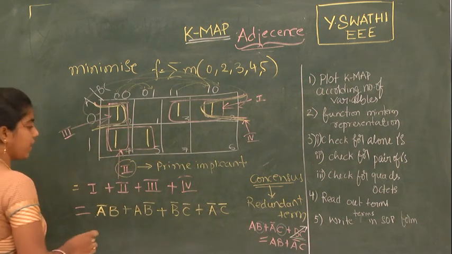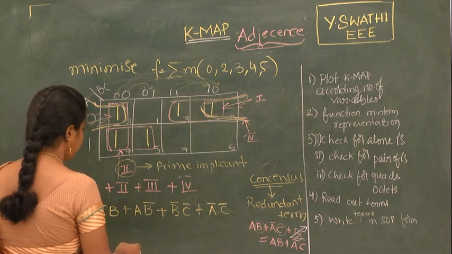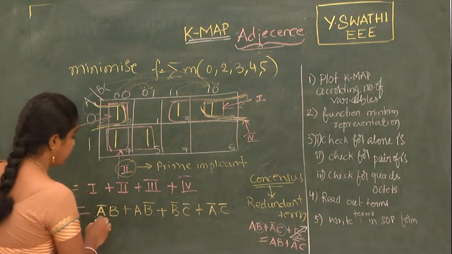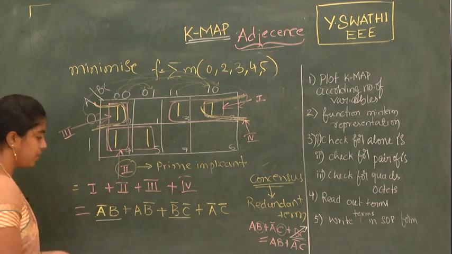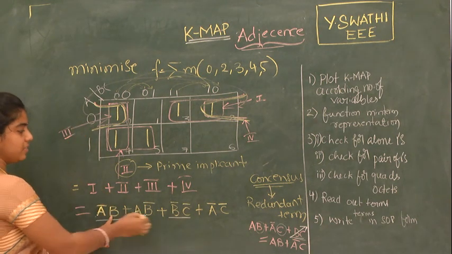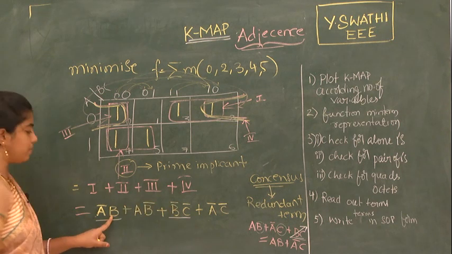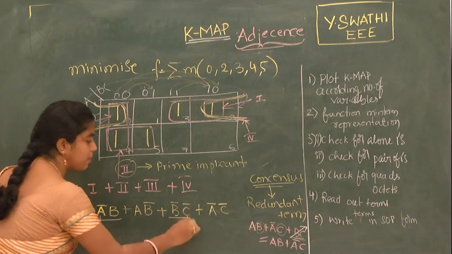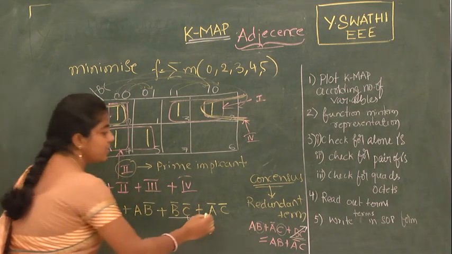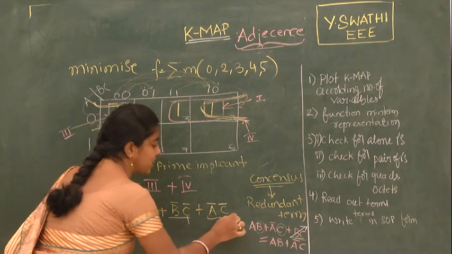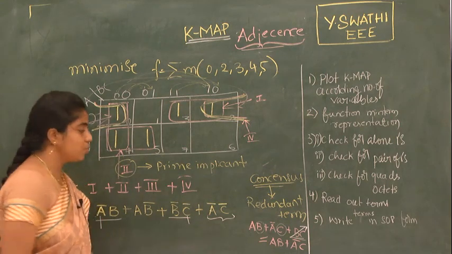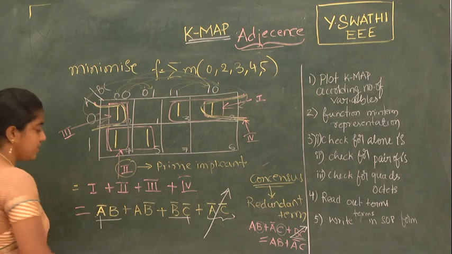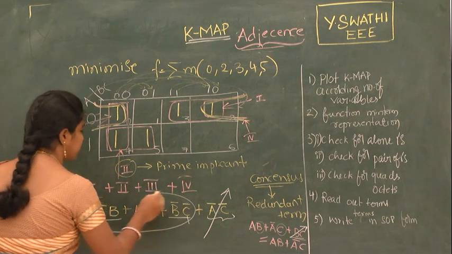So in the same way, here in these two terms, you can see B is there, B complement is there. What are the left out literals? A bar and C bar, right? So the third term contains A bar and C bar. So this term can be dropped out. And the resultant is this one only.